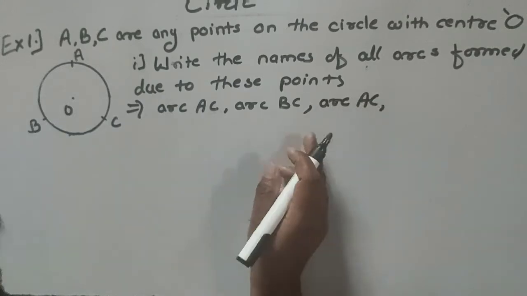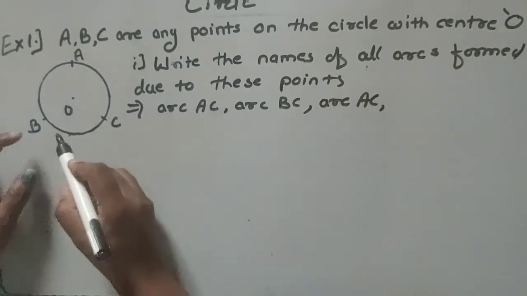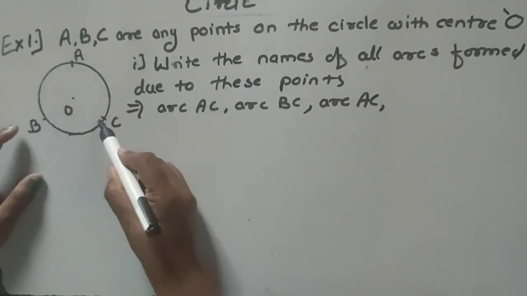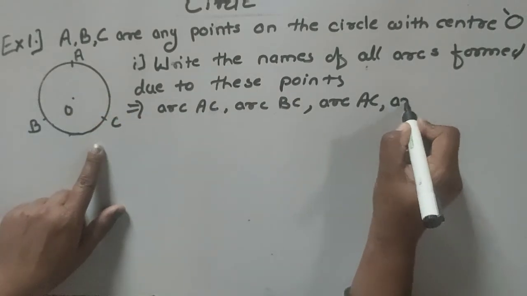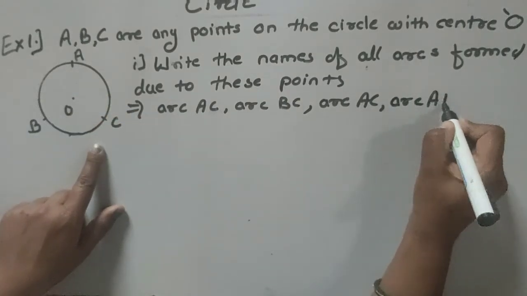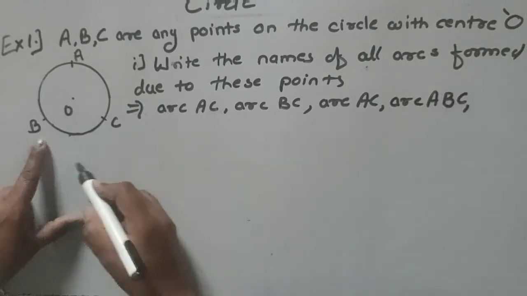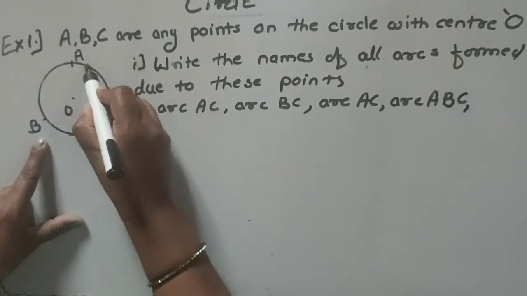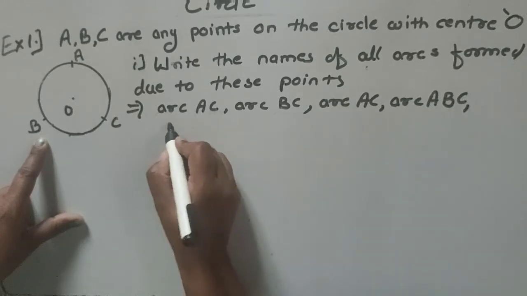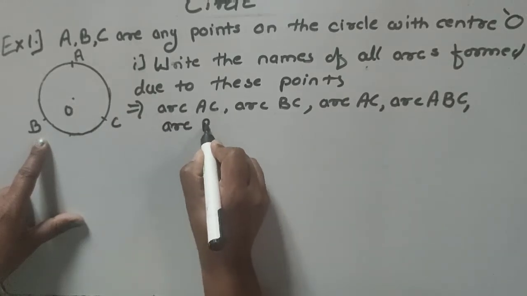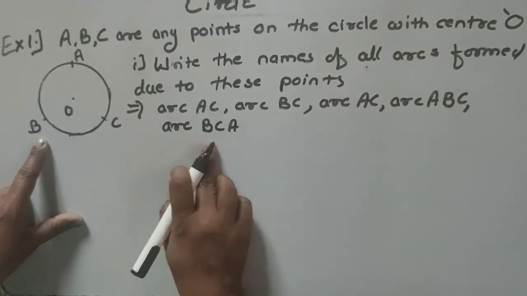Now after this, if you see here, arc ABC. So we write here arc ABC. Next we will see arc BCA. This is 3 letters.